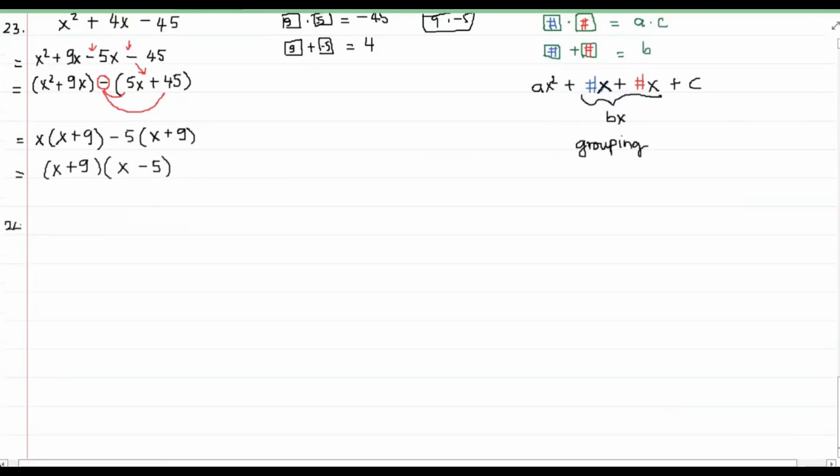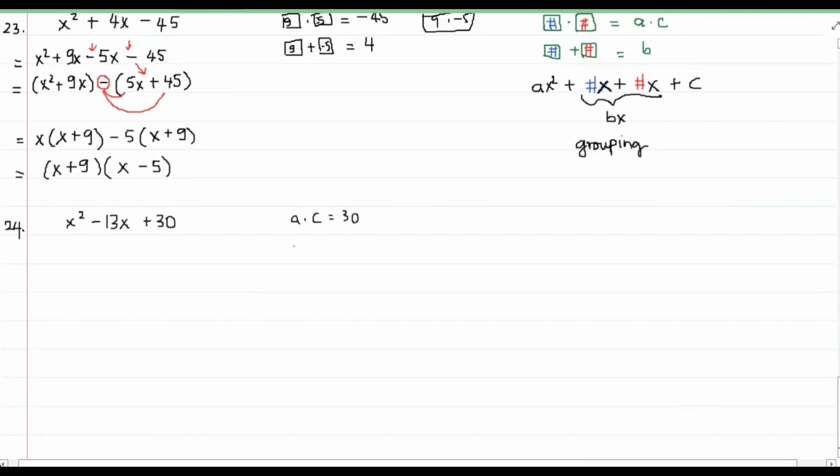Number 24. x squared minus 13x plus 30. So a times c is 30.